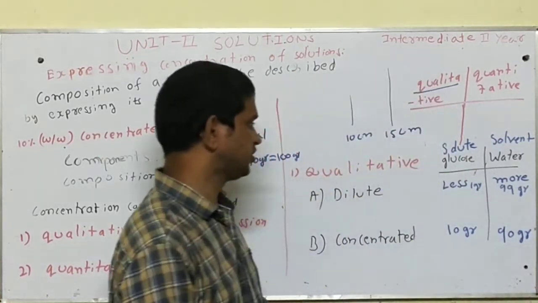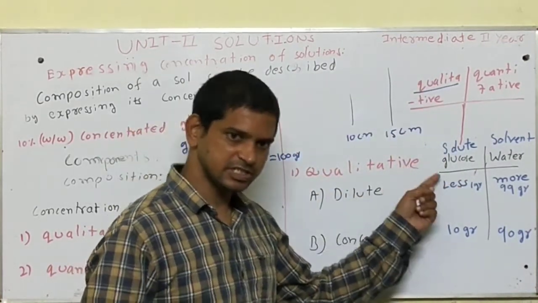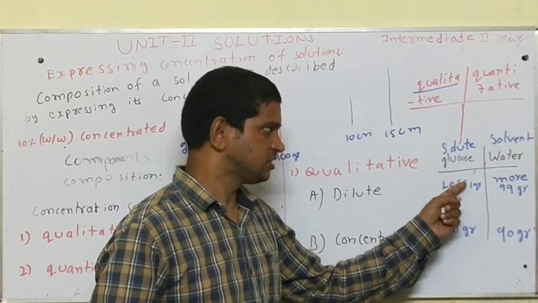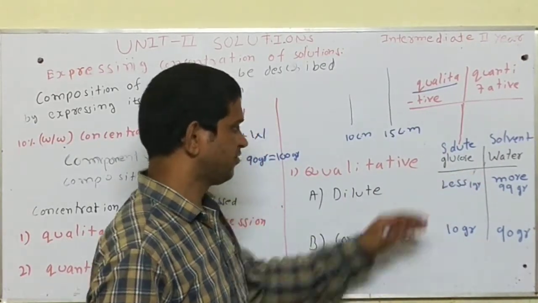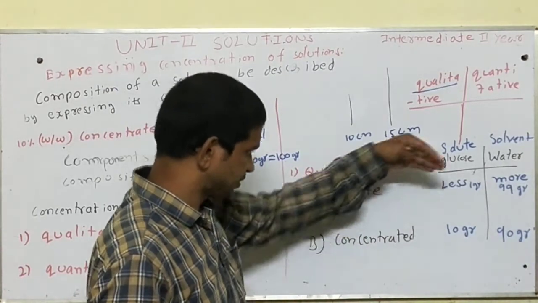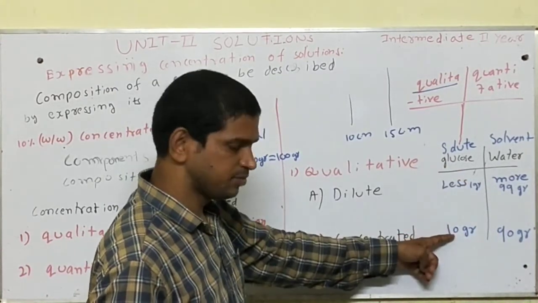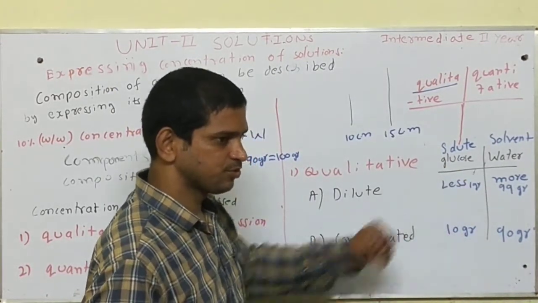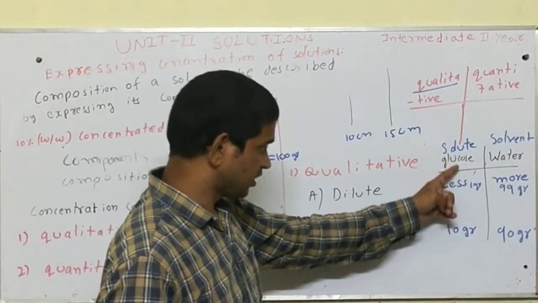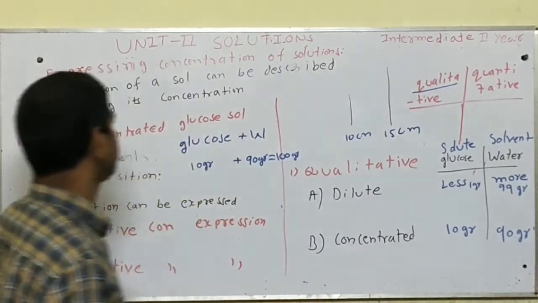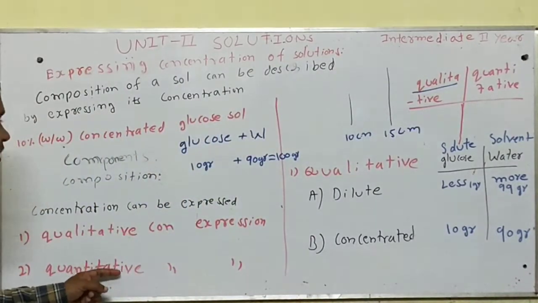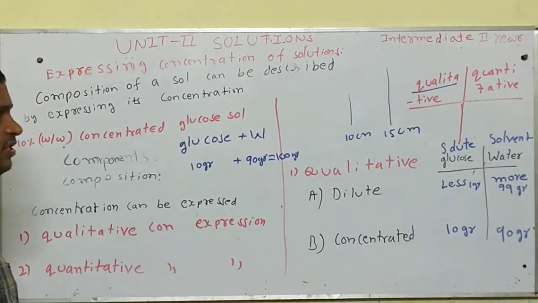If we compare these two, in first case glucose is only 1 gram, that is very less, so it is a dilute solution. When compared to the above one, in the below solution 10 grams of glucose is there. When compared to the above one, it is a concentrated solution. In next class I will discuss qualitative concentration expression.